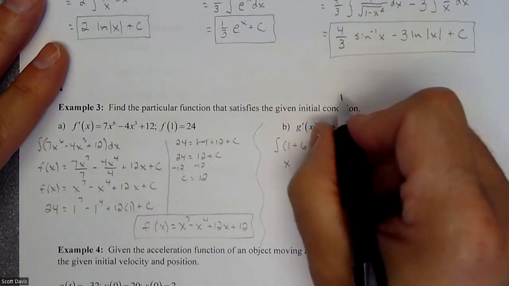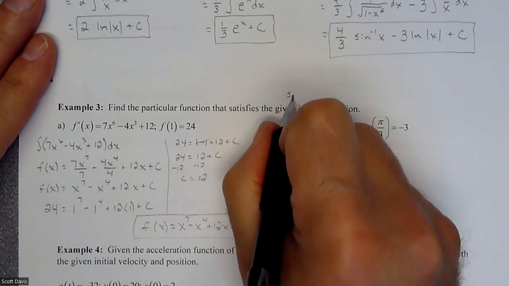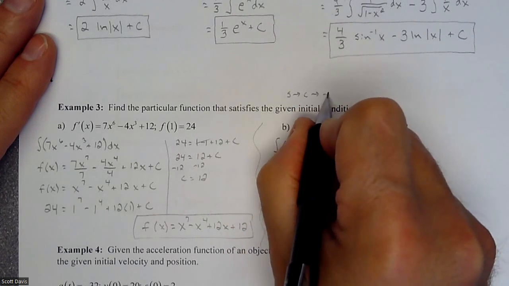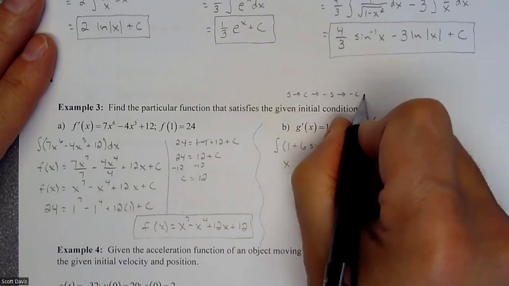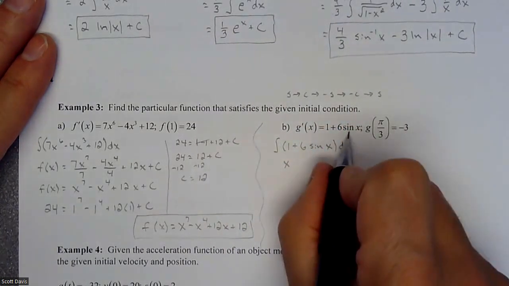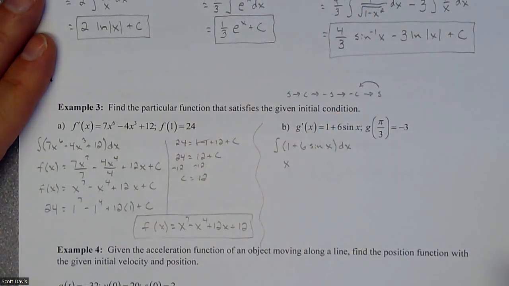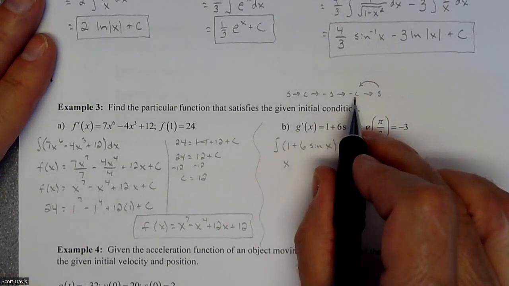So the derivative of, let me kind of go through the path here. The derivative of sine is cosine, derivative of cosine is negative sine, derivative of negative sine is negative cosine, derivative of negative cosine is sine. So we're sitting here and we're moving backwards. So when we do the antiderivative of sine, we're going to get negative cosine.